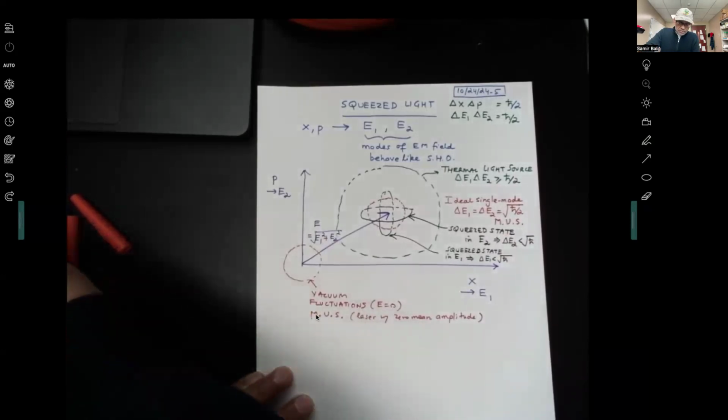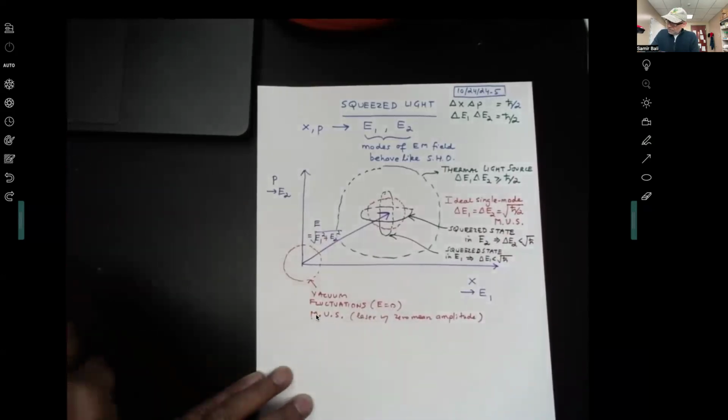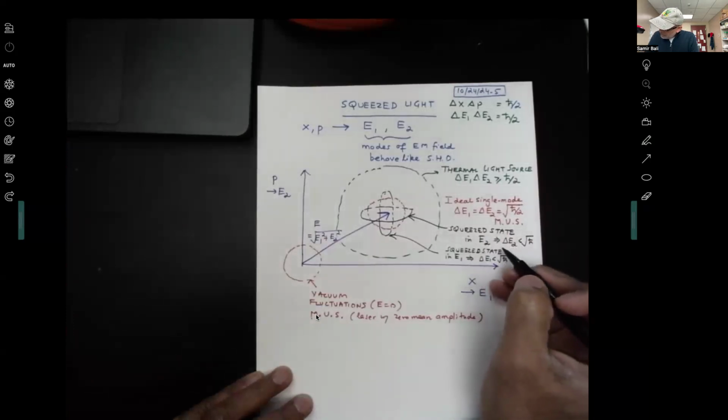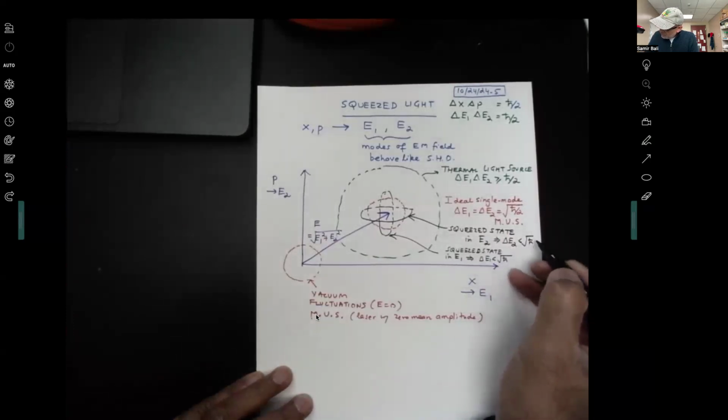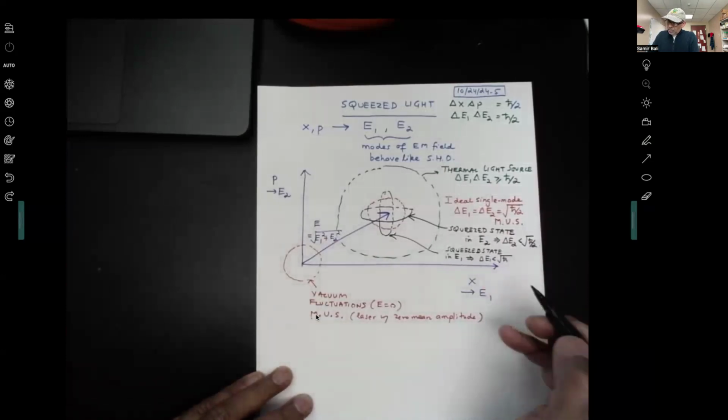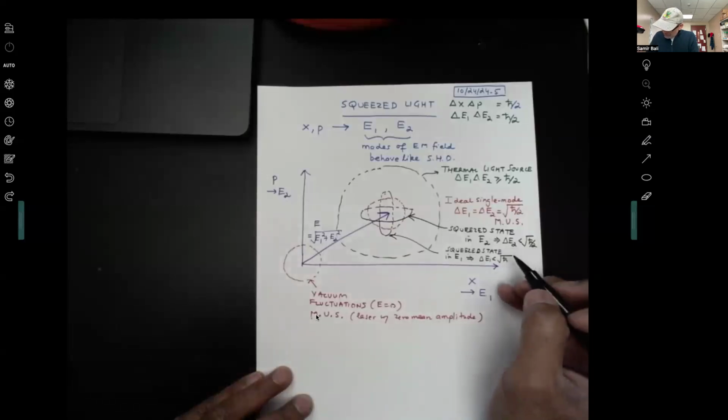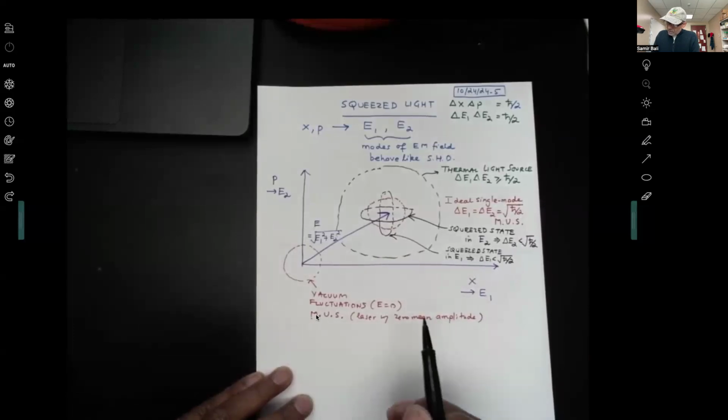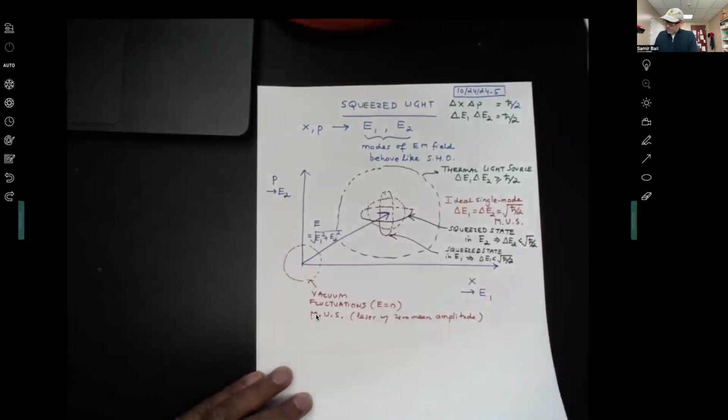On the other hand, in a squeezed state, you can squeeze the fluctuations in one of them as far below square root h bar over 2 as you like, as much as the power of your instrumentation allows, and of course the fluctuations in the other one go correspondingly up. So this is what we were discussing.